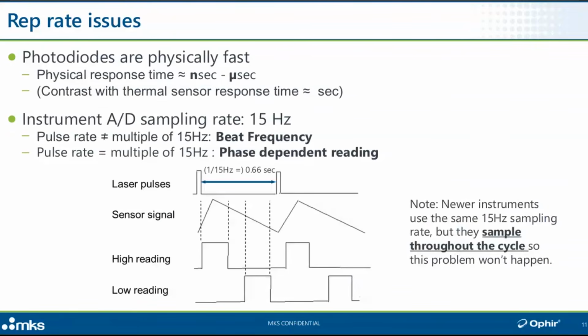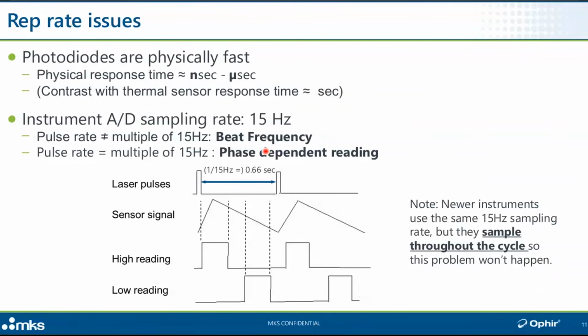Problem number two is if the pulse rate is, yes, an exact whole number multiple of the sampling rate, let's say 15 hertz. So let's say the pulses are coming in at a rate of 15 hertz, and I'm sampling them at 15 hertz. Now here it depends on how the A to D of my instrument is designed.